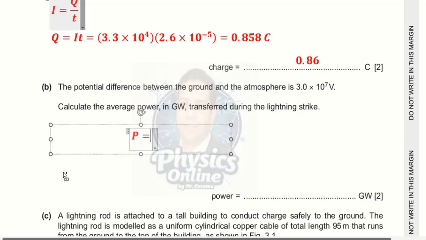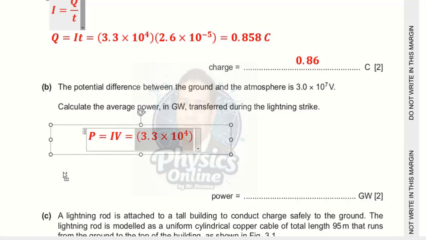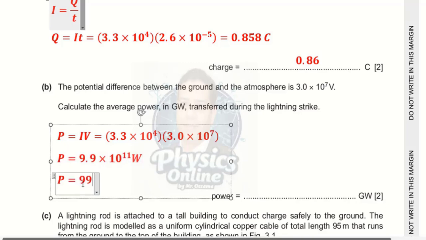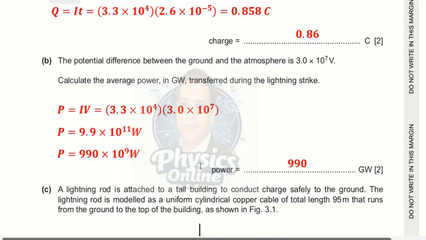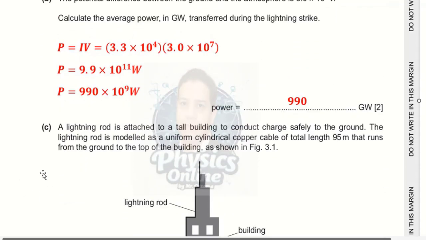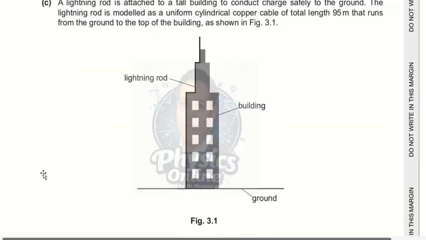Power equals I times V. The current is 3.3 times 10 power 4, and the potential difference is 3 times 10 power 7, which gives 10 power 11 watt. 990 times 10 power 9 watt, which means 990 gigawatt.